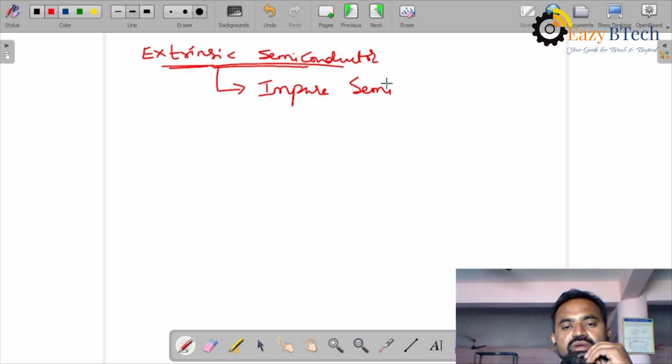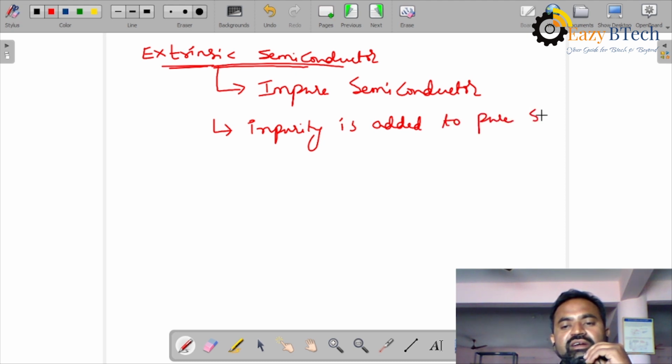Impurity is added to a pure semiconductor to form p-type and n-type elements.